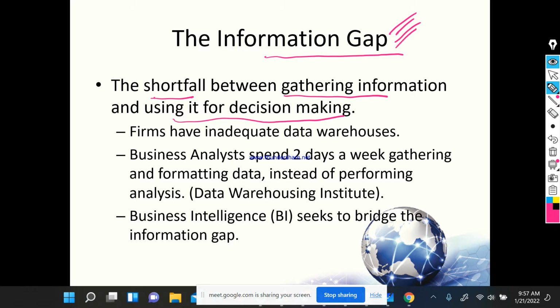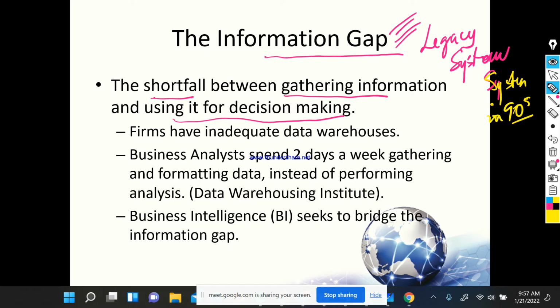Generally we call them legacy systems, meaning systems from the 90s.